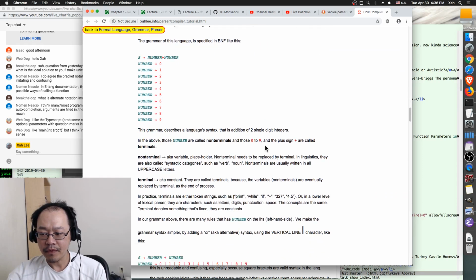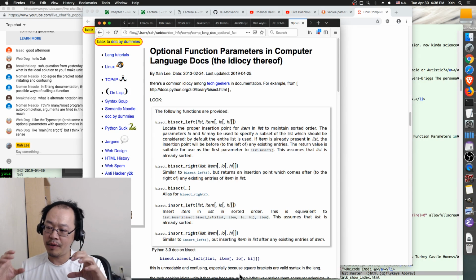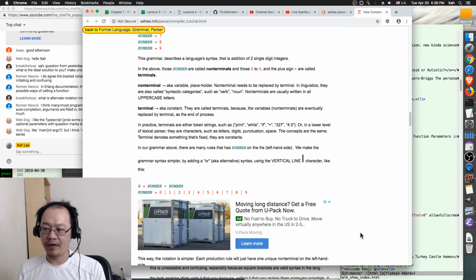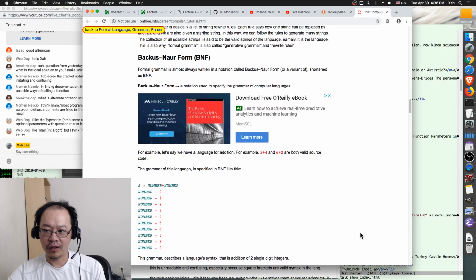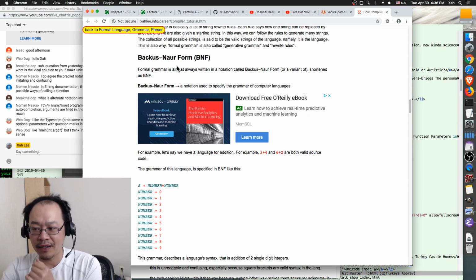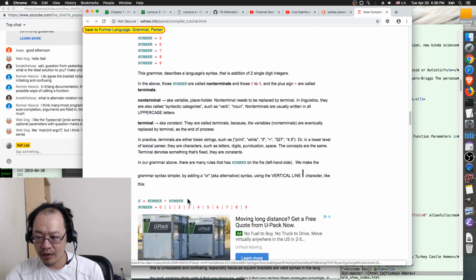The use of square brackets to indicate something that is optional in a syntax came from the conventional notation of expressing grammar, and this notation is called Backus Naur Form, BNF. Okay, that's an abbreviation. So, do I have an example? Yes, I do have an example. Let me show you.